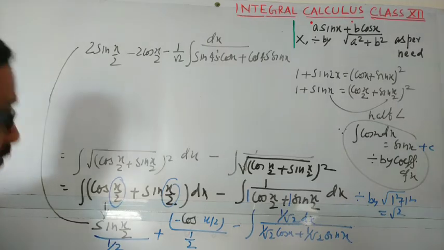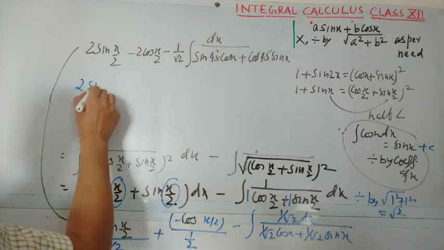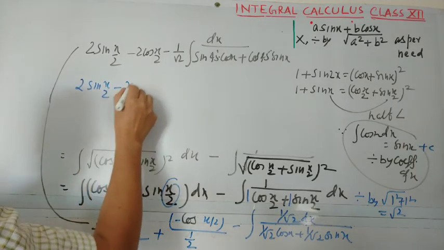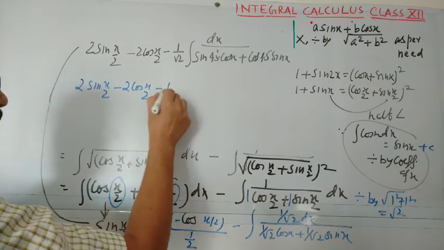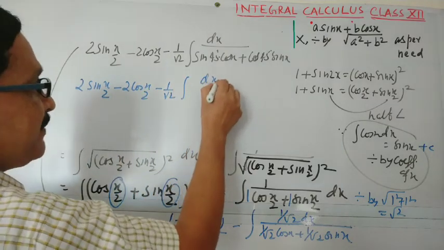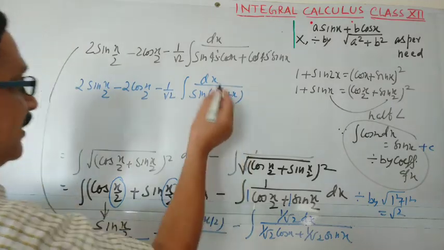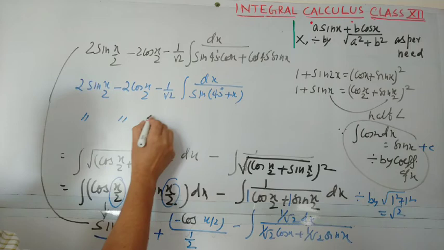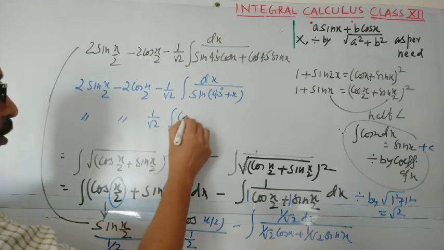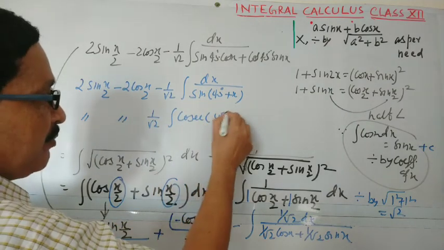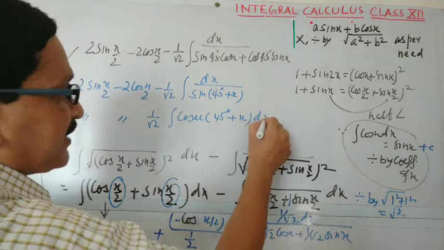Now we are close to the answer. This is 2 sin x by 2 minus 2 cos x by 2 minus 1 by root 2 dx by sin 45 plus x. Again this will be as usual 1 by root 2 cosec 45 degree plus x dx.